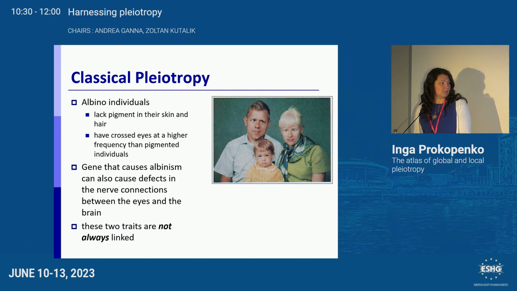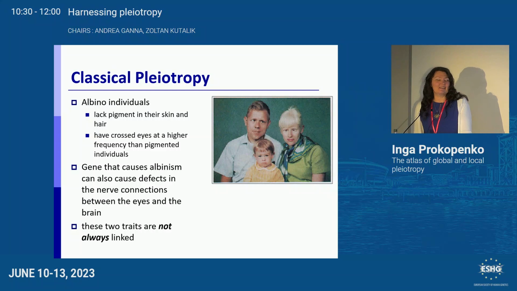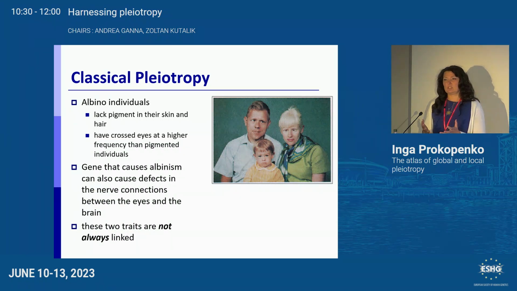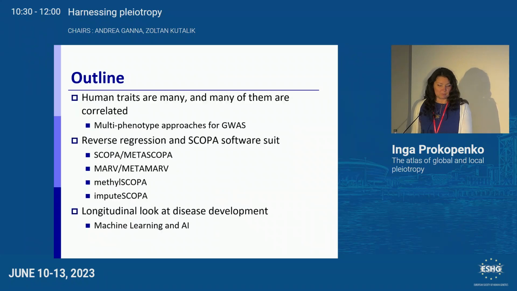Don't hesitate. So here, one gene causes two phenotypes, which are not necessarily occurring in the same individuals, and they probably don't cause each other. So most likely, this is actually horizontal pleiotropy. And thanks for your support.